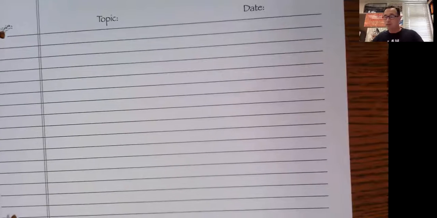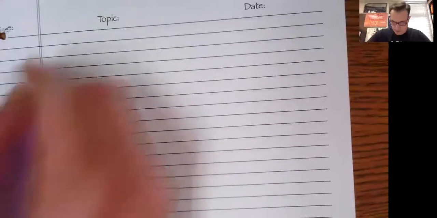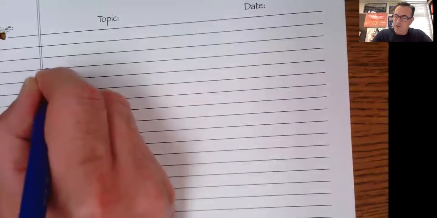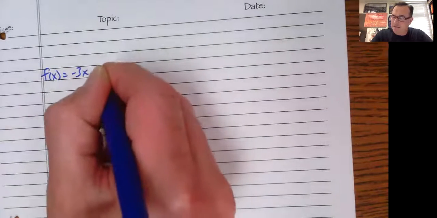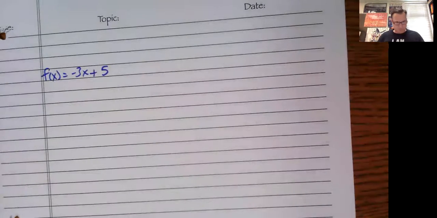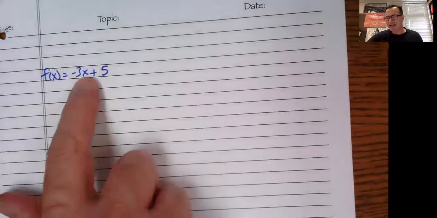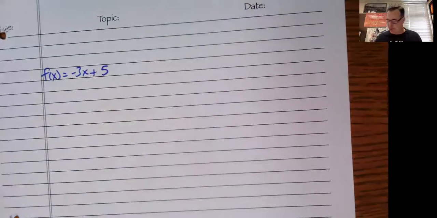So let's do that. Let's start off with f of x equals negative 3x plus 5. Okay, and for this one, with something like this, a lot of times I'll start at 0 and work my way down. But if we're going to do that, let me make the table.